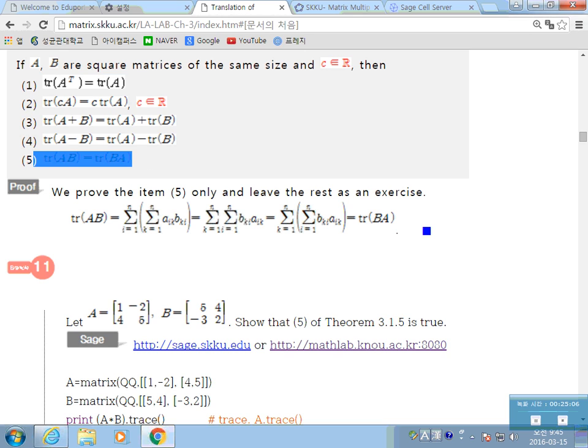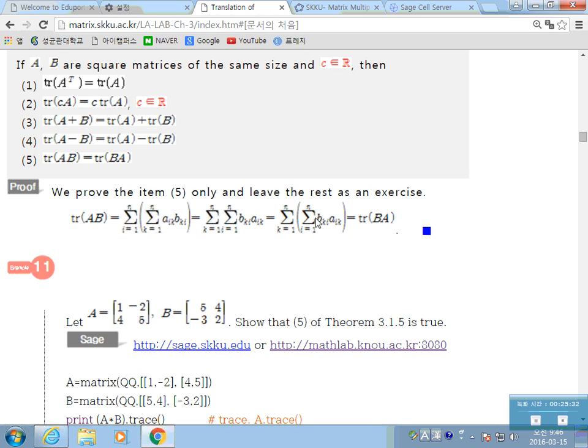But for this, you have to show the trace of AB is the same as the trace of BA. This is the way to prove it. Just find the left-hand side. The trace of AB is the summation of these. Each of these is a main diagonal entry of the matrix AB, and add all those together.